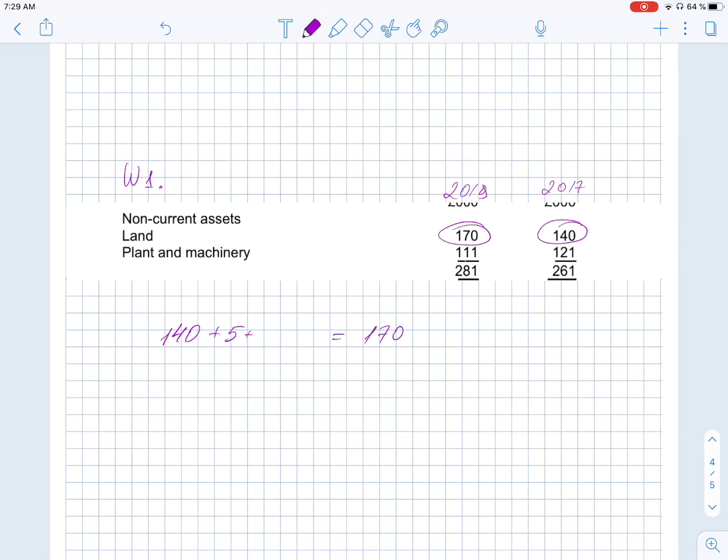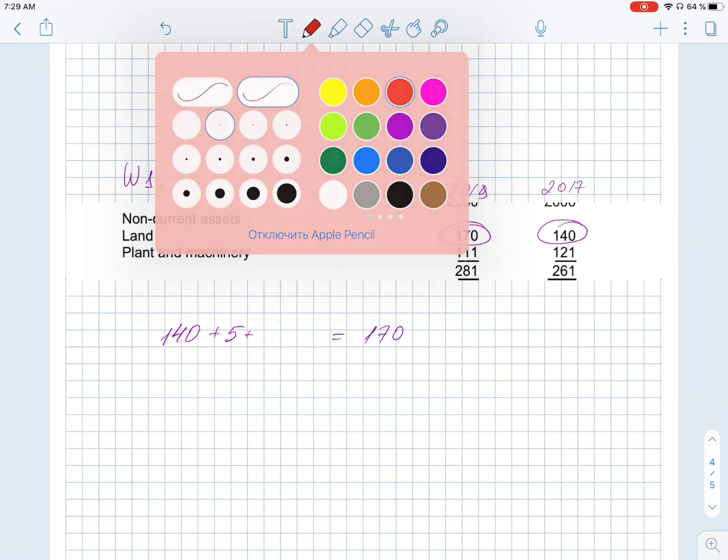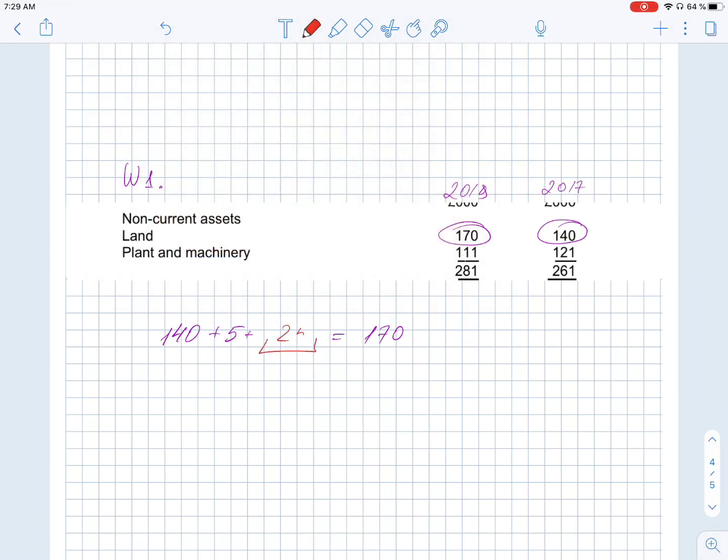That means that during the year, the company additionally purchased some pieces of land in a total cost of 25. So that would be the additions of land. We have to consider it in the second part of the cash flow statement when we'll be writing down the sums paid and sums received from purchases and sale of non-current assets.